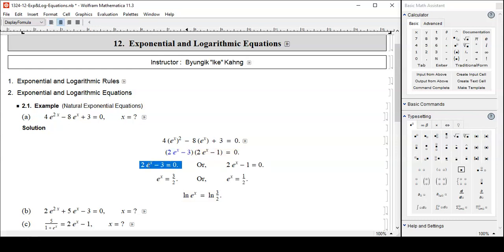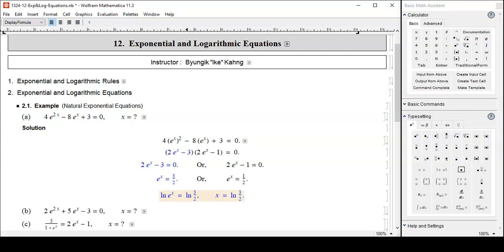So that's blue equation, that's blue, yeah. And consequently, cancellation, log and exponential cancel out, x is log of 3/2.